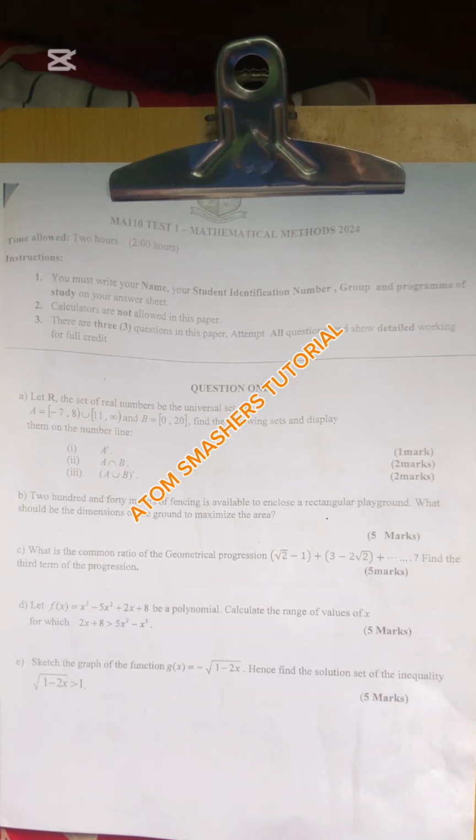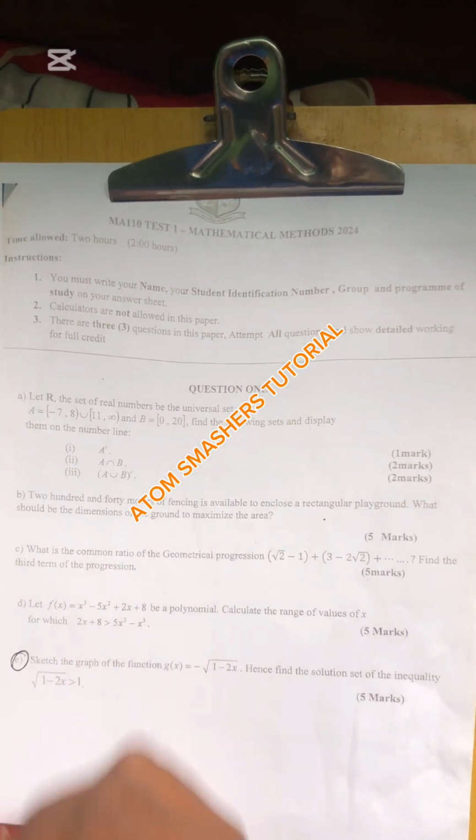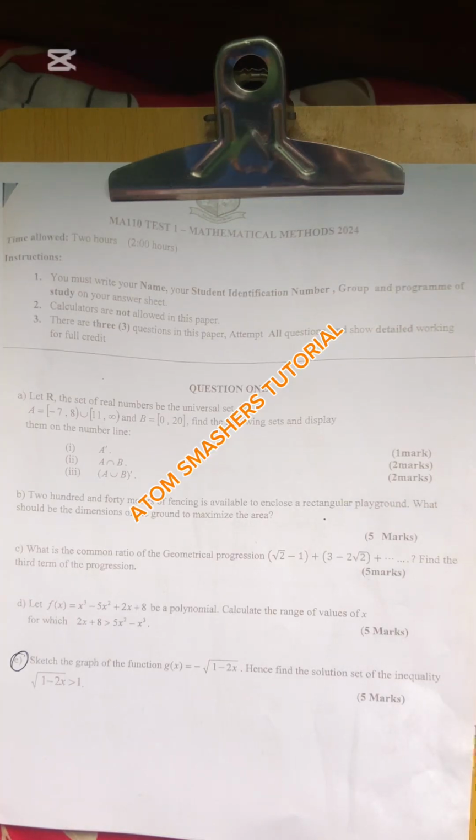Today we have an interesting question, or rather, the topic. The question reads: sketch the graph of the function g of x, which is equal to the negative of the root of 1 minus 2x. Hence, find the solution of the inequality.